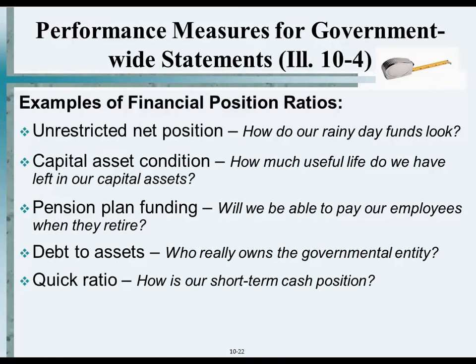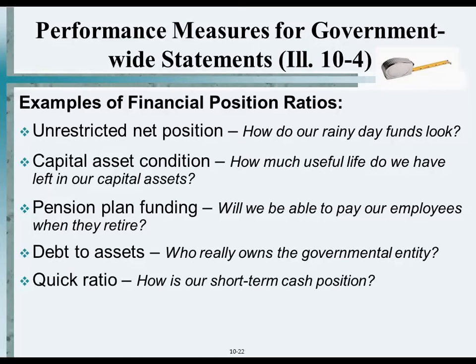Unrestricted net position, which is how do our rainy day funds look? Capital asset condition, how much useful life do we have left in our capital assets? Pension plan funding, will we be able to pay our employees when they retire? Debt to asset, who really owns, I like that, who really owns the government entity? And quick ratio, how is our short-term cash position?